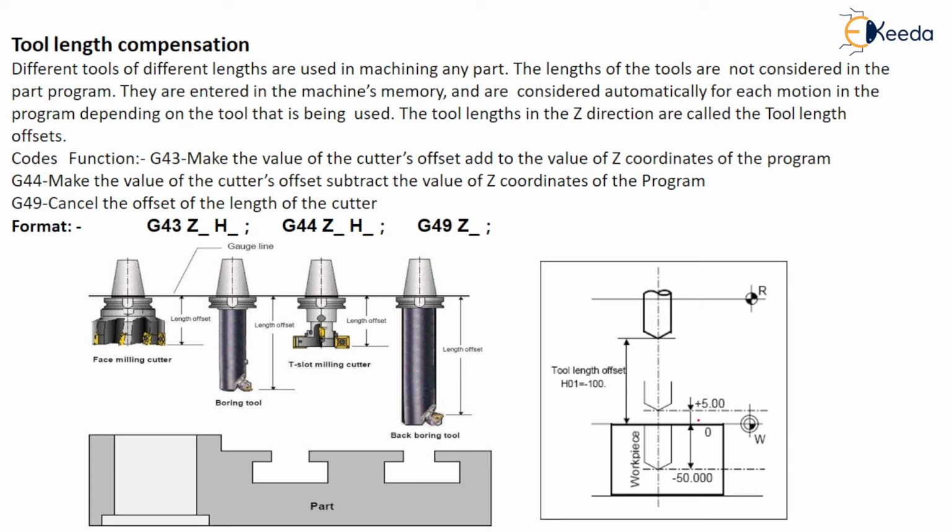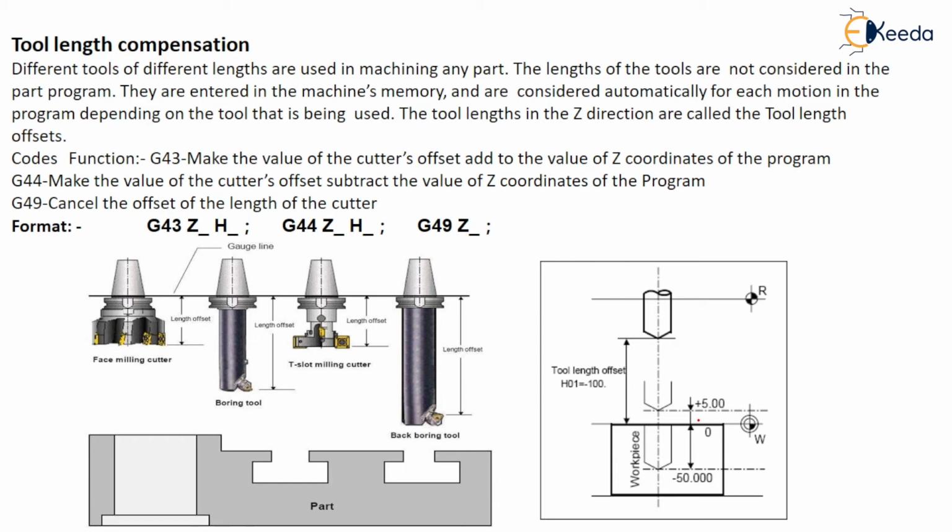So code function G43 adds the value of the cutter offset to the value of the Z coordinate of the program. G44 subtracts the value of the cutter offset from the value of the Z coordinate of the program; that is shown in this figure. And G49 cancels the offset of the length of the cutter.